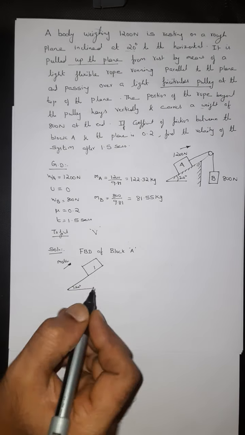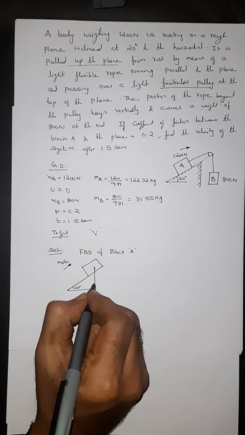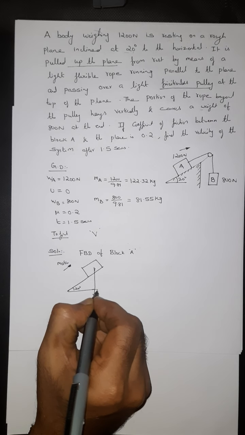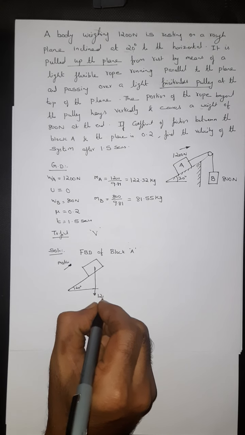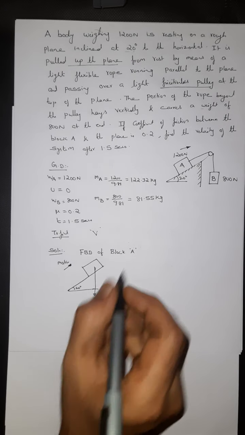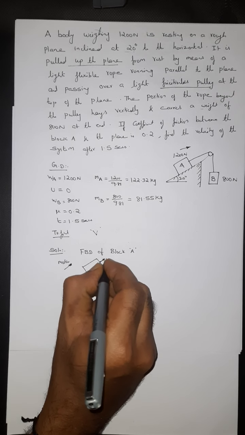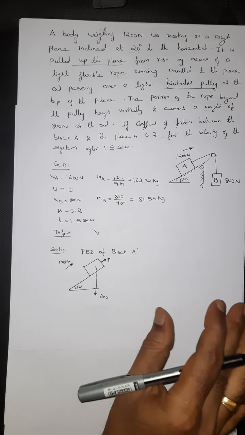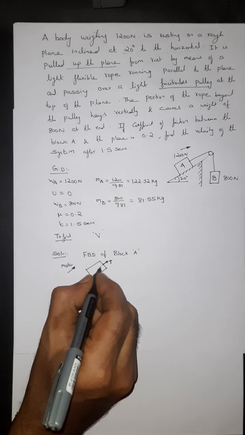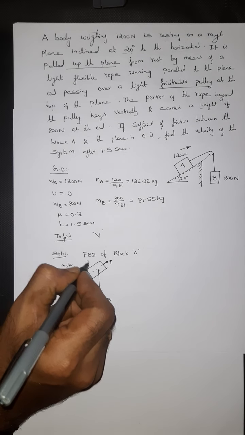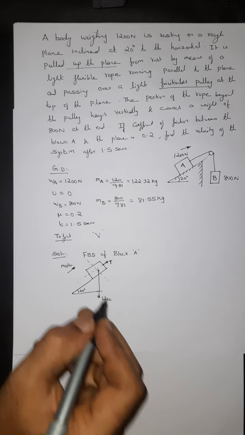Its own weight acts vertically downwards, whose magnitude is 1200 Newton. And there is a tension which acts away from the object. This is tension. This is the x-axis and this is the y-axis.